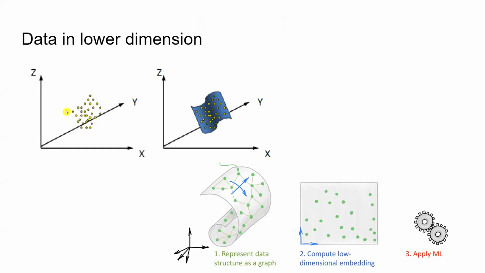But with the same data, we don't need a high dimensional space to describe it. You can describe this three-dimensional data, you can fit that into this two-dimension piece. Same here, you have data in three dimensions, but you can fit it into this two-dimension piece. So that's one of the ideas.